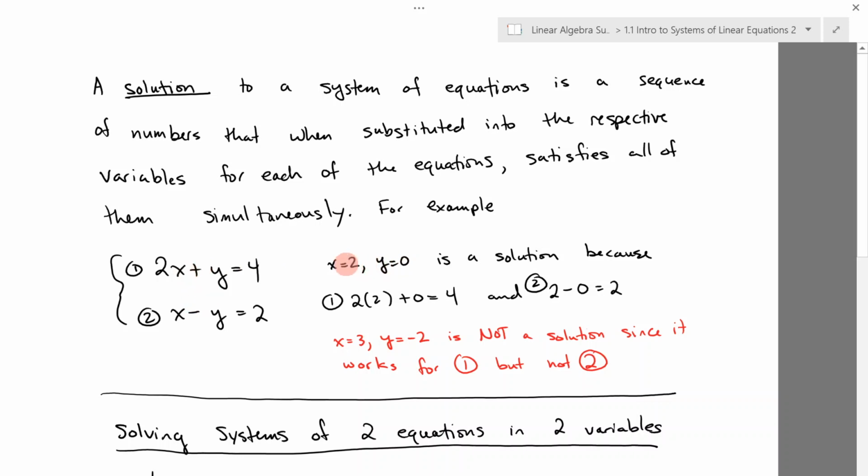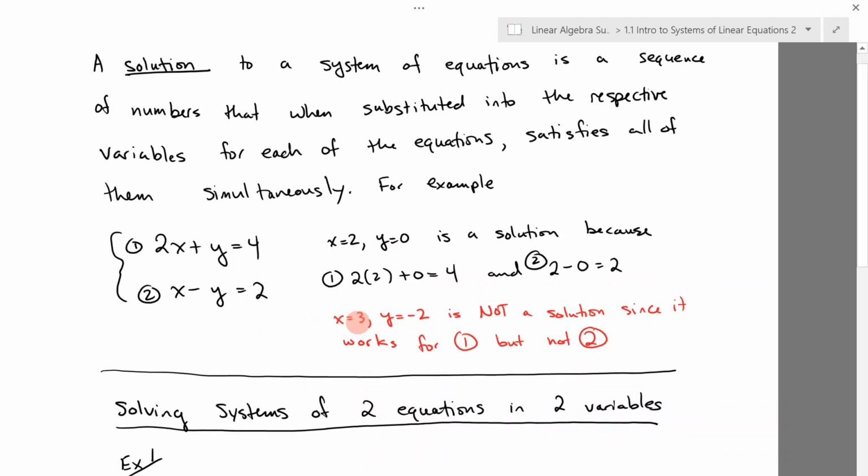Because if I plug x equals 2 and y equals 0 into the first equation, you get 2 times 2 plus 0, which gives you 4, which satisfies this equation. And then if you plug it into the second equation, you get 2 minus 0, which gives you 2. And so it also satisfies the second equation. Because both equations are satisfied, this is a solution.